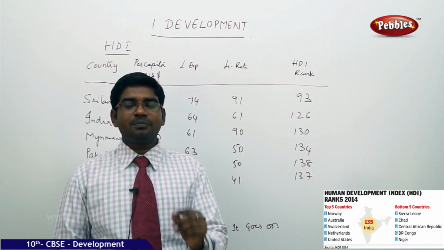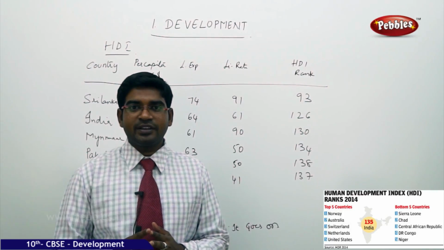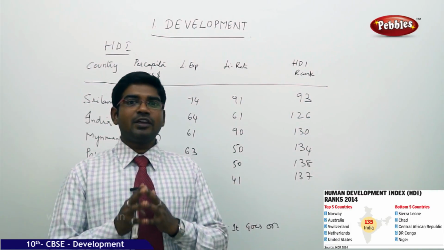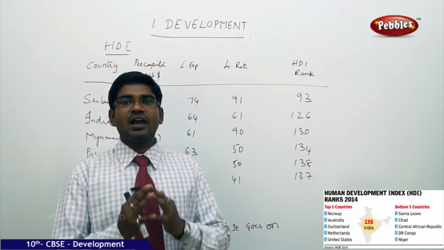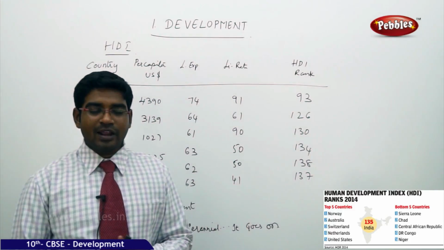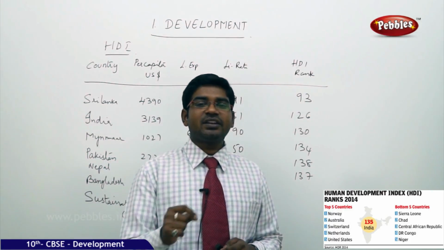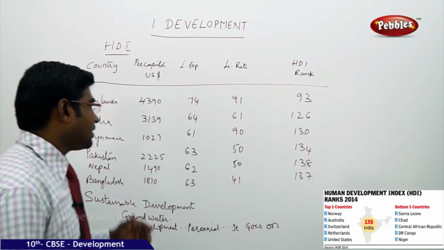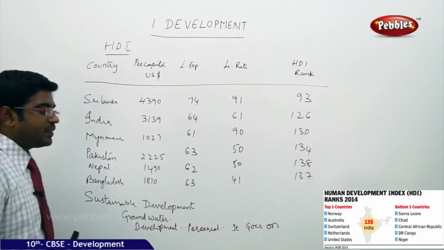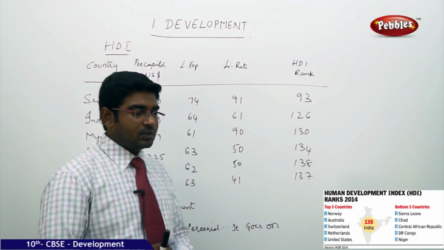The Human Development Index is the criteria used by the United Nations Development Program to categorize the nations and their rankings. There are a total of 177 countries in this ranking system. In that ranking system, we also have a list of some of the Asian countries. Let us know about them now.